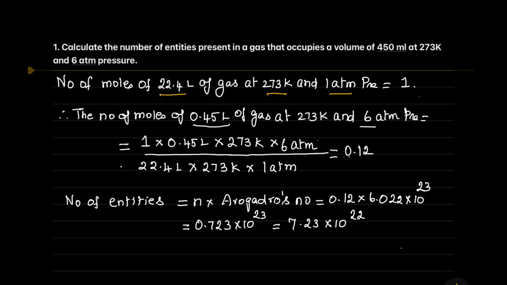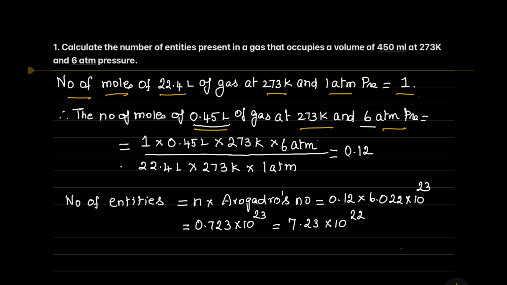If so, then what is the number of moles under the given set of conditions: 273 Kelvin, 0.45 liters volume and 6 atmosphere pressure? Writing the steps and calculating, we get the answer that N is equal to 0.12.